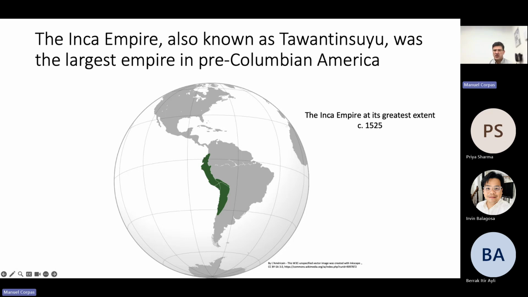It was the largest empire in pre-Columbian America, and its administrative center was located in Cusco, present-day Peru. At the height of the empire, it extended across the western part of South America, encompassing various environments from the Pacific coast to the Andes and to the Amazonian rainforests.